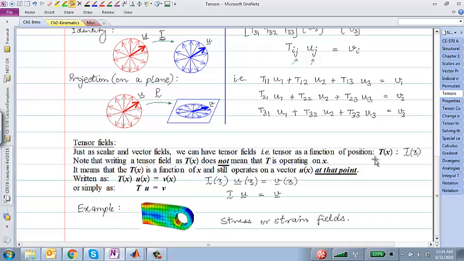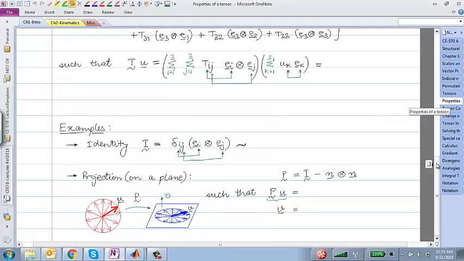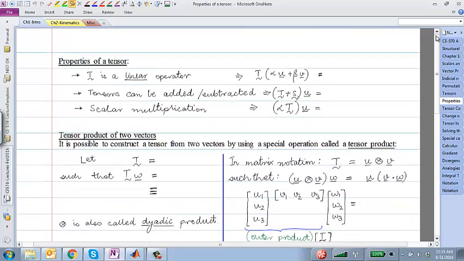But for now, we just need to understand the difference between a tensor acting on a vector U and a tensor being a function of the position X. Okay. All right.